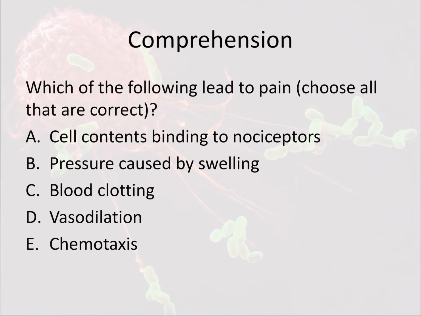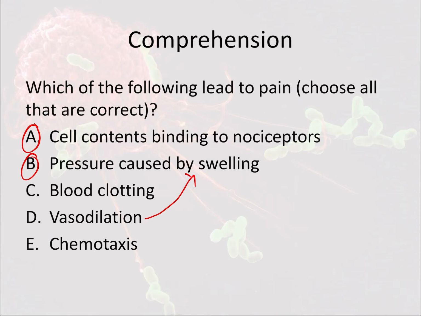Okay, a little question here: which of the following lead to pain? This is an interesting one to think through. Cell contents binding to nociceptors, for sure. We talked about that. We can also have pressure created by the swelling, pushing on nociceptors. Blood clotting, probably not. Vasodilation, sure, because vasodilation led to the swelling.